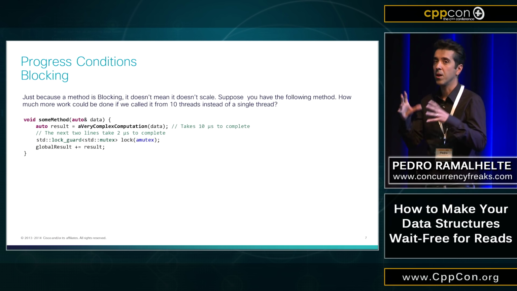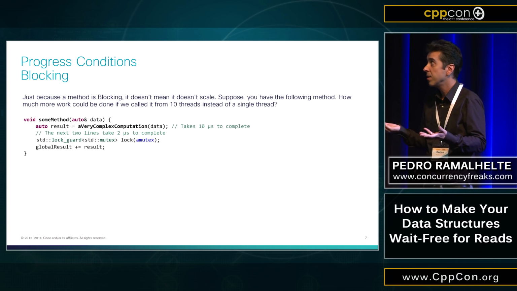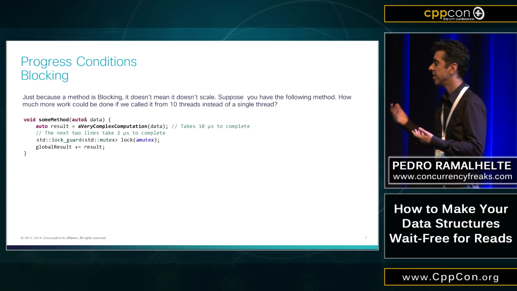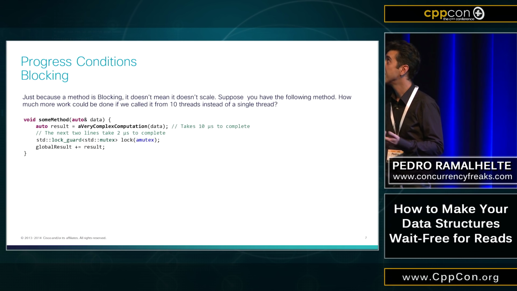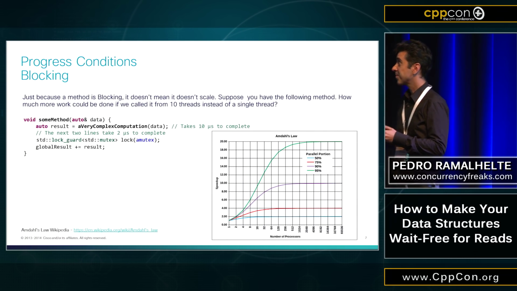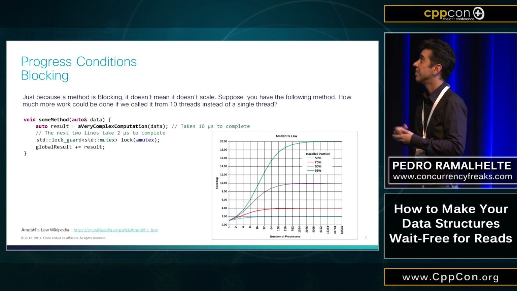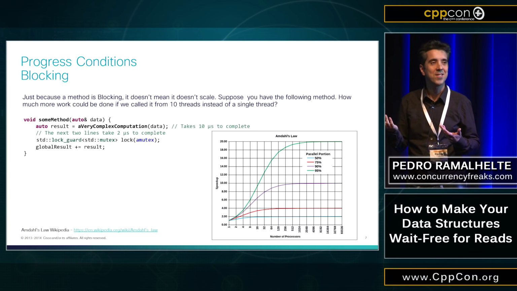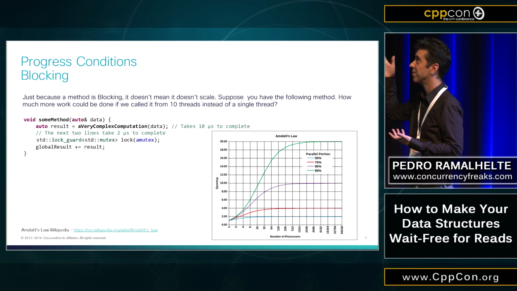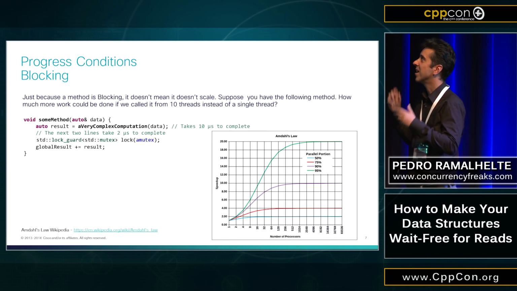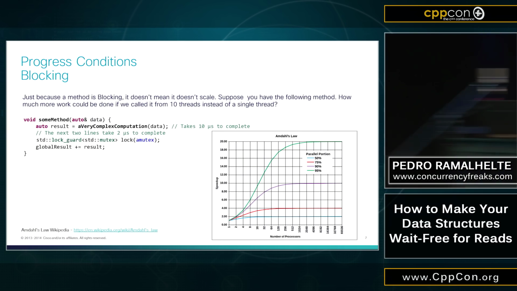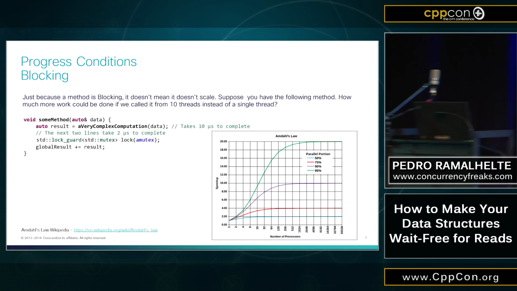Now, if you think, oh, it's blocking, so it won't scale at all. Well, that's not true. It really depends on a thing called Amdahl's law. And in this particular case, I don't know if anybody wants to take a guess how much this would scale. You have 5 times more on the parallel side as you get on the serial side, which is the lock.